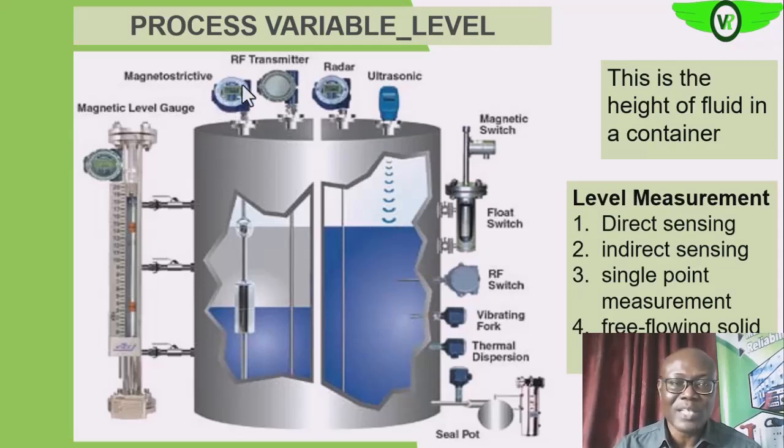Then we have the automatic measurement. We have those that transmit radio frequency. The radar system also transmits radio frequencies. Then we have the ultrasonic level detector, the magnetostrictive level detectors, and also differential pressure level detectors.